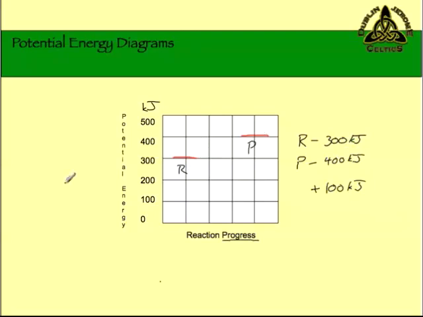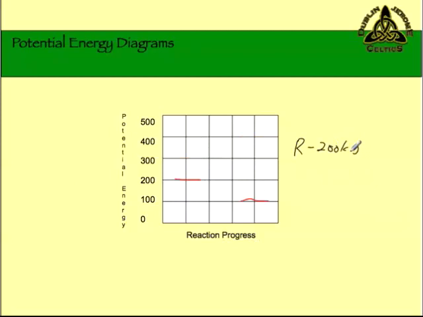That's how much energy change is happening from the start of the reaction to the finish where the products are. We can look at another one and say, all right, here the reactants are at 200 kilojoules, and the products, they're lower now, they're at 100 kilojoules. So now I'm going down, 200 to 100, and this reaction has negative 100 kilojoules of energy associated with it, the total reaction.